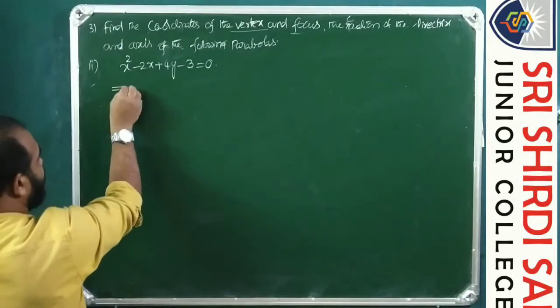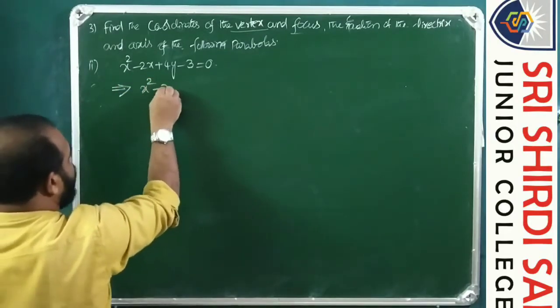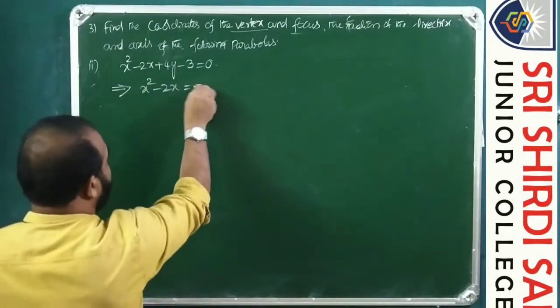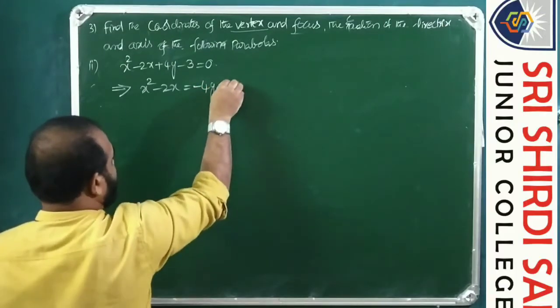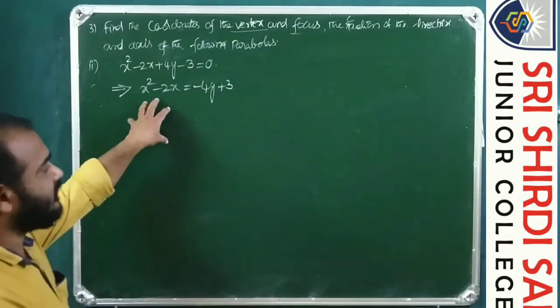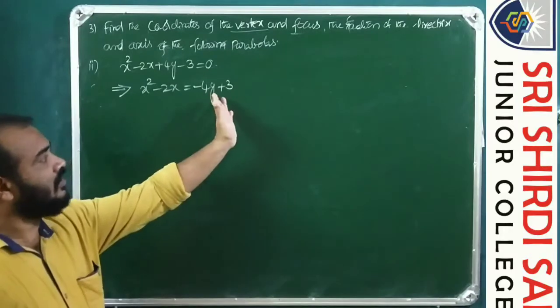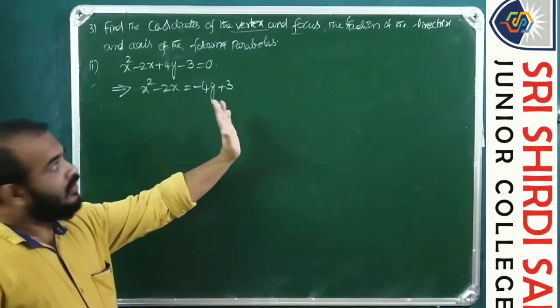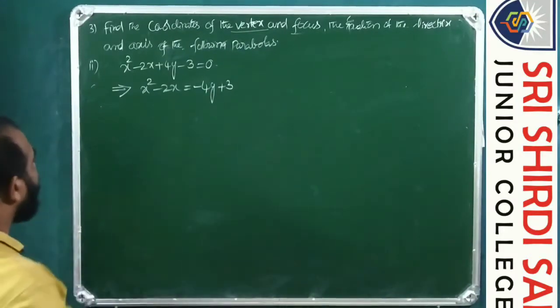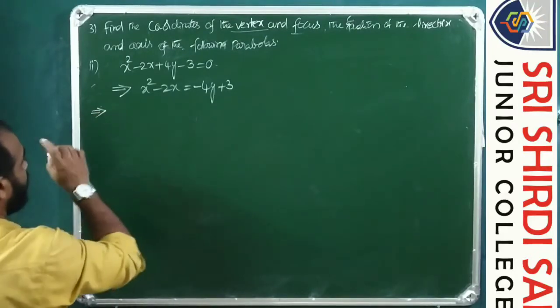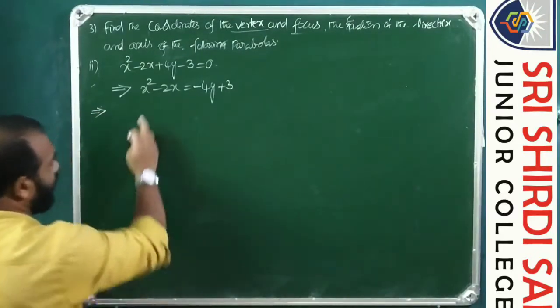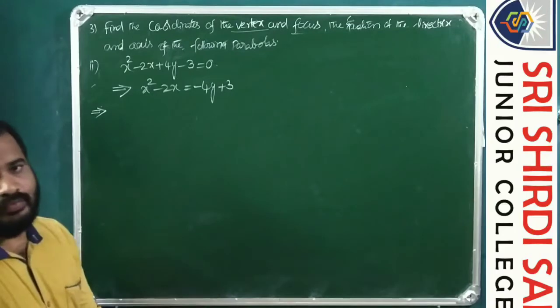Now this becomes x square minus 2x equals minus 4y plus 3. So keeping all x terms on one side, and the constant and the y coefficient on the other side. This is to be converted into (a minus b) whole square.